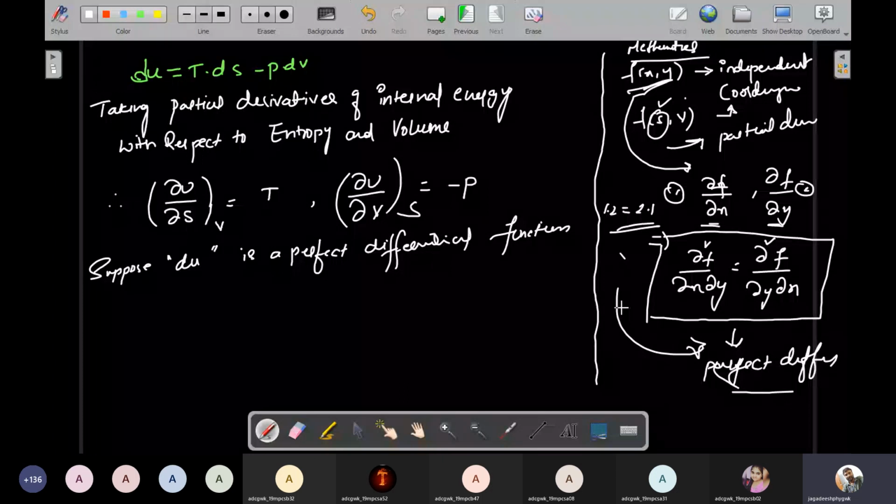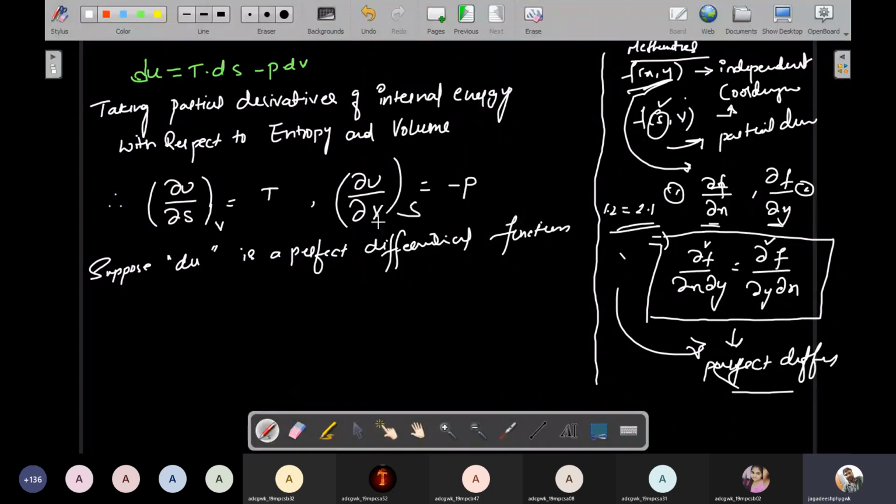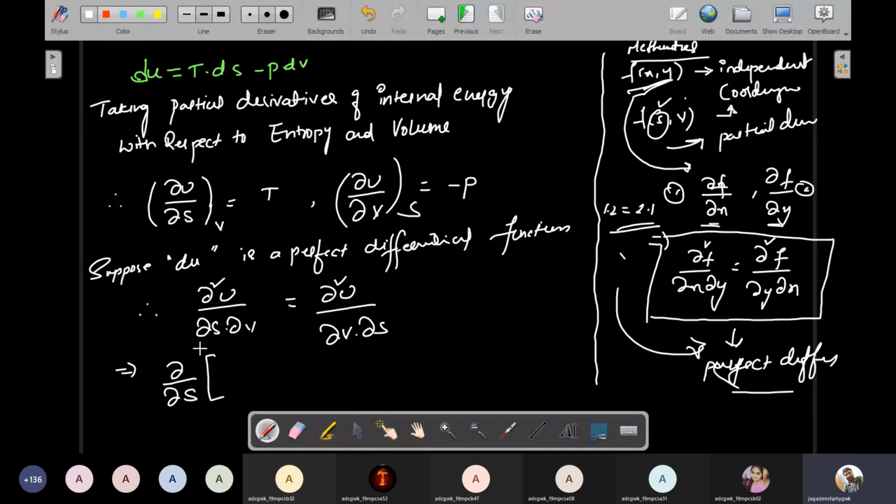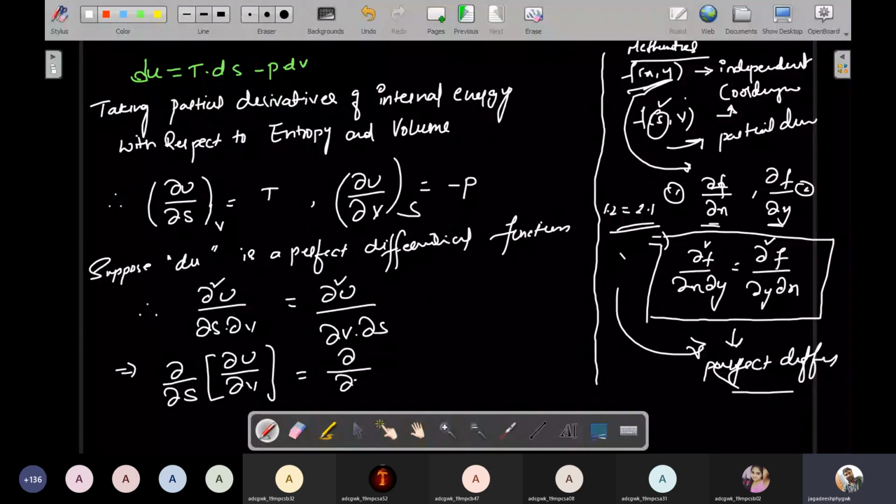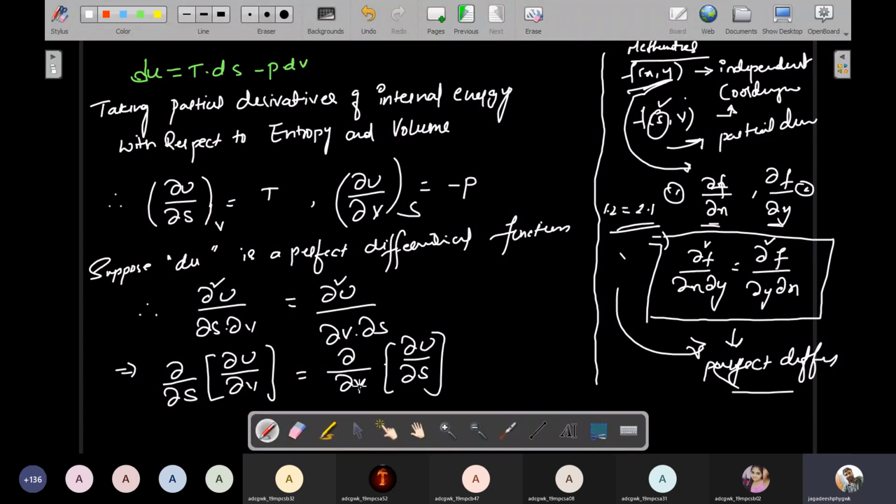So from this equation, dou f by dou x is dou u by dou s, dou f by dou y is dou u by dou v. So for that purpose dou square u by dou s dou v is equal to dou square u by dou v dou s. If these functions are equal, then du becomes a perfectly differentiable function. So from this equation I'll write dou u by dou s, and split it as dou by dou v into dou u by dou s, similarly dou by dou s into dou u by dou v. Okay, so I am now combining these. Everything is understood, right, the maths. I am combining this equation.